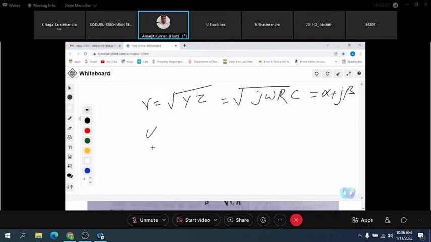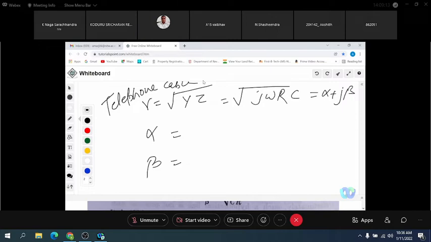So what will be alpha and beta for the twisted wire cable, telephone cable with paper dielectric? Under root j omega RC.